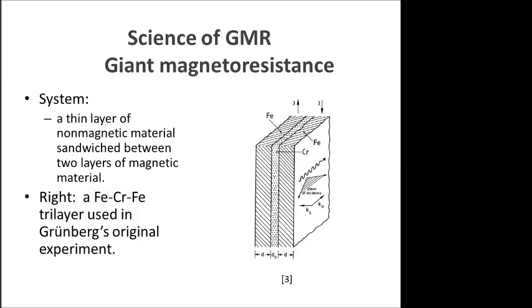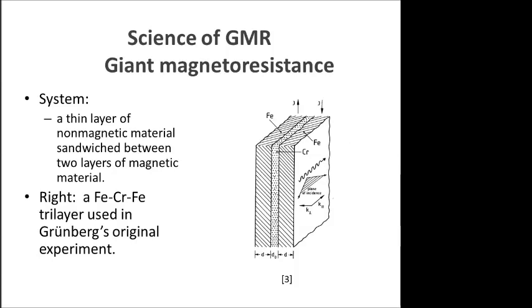With the science of giant magnetoresistance, first we have to see how the system is set up. It is given in this typical picture, where a thin layer of non-magnetic material is sandwiched between two layers of magnetic material. It is a kind of capacitor structure, but in a capacitor the sandwiched material is a conductor, while here it is magnetic material.